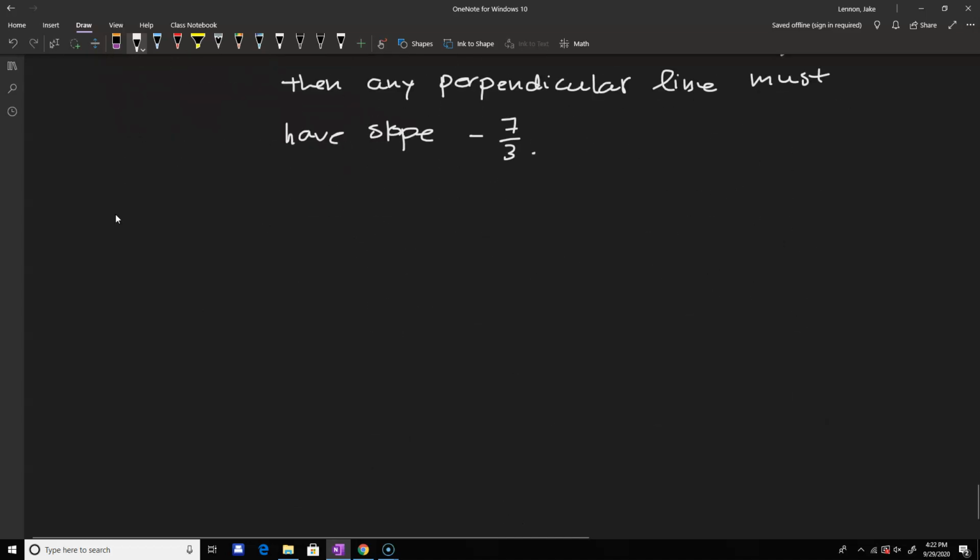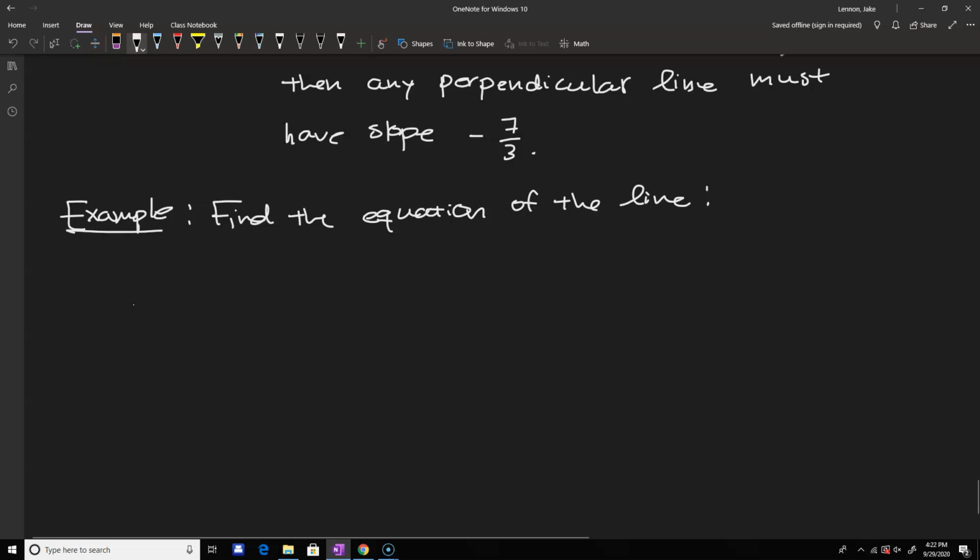So for an example, let's find the equation of the line. We'll do two parts.